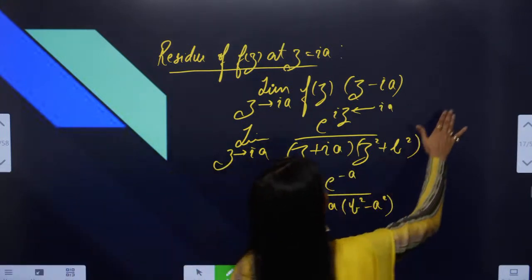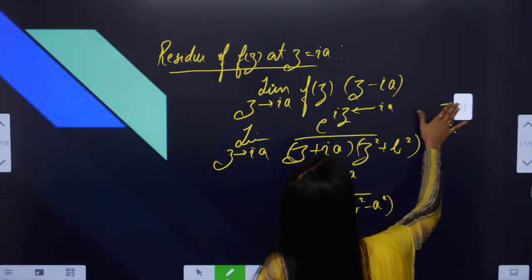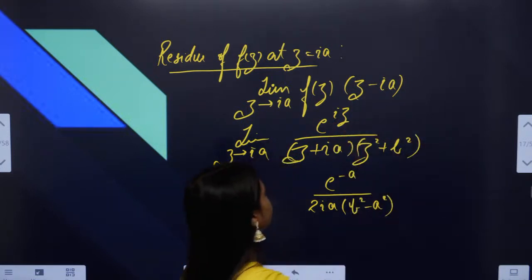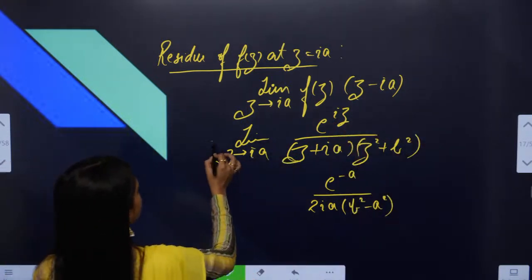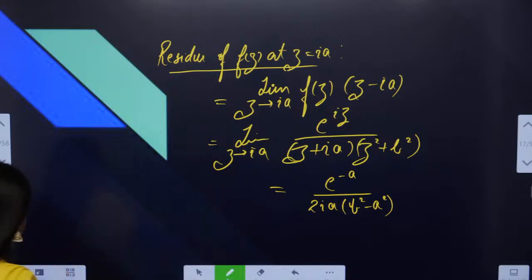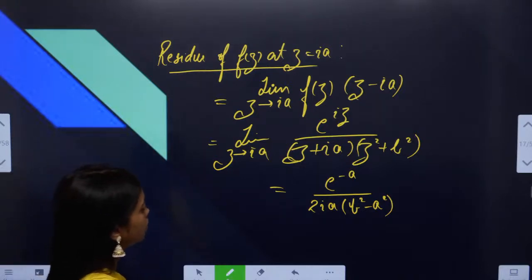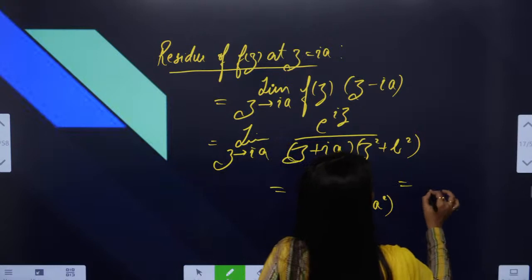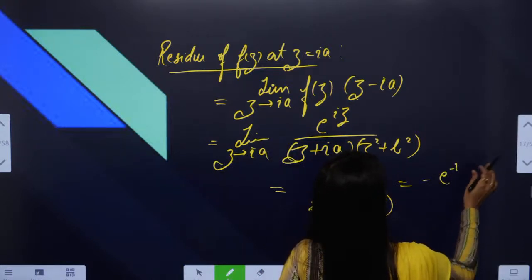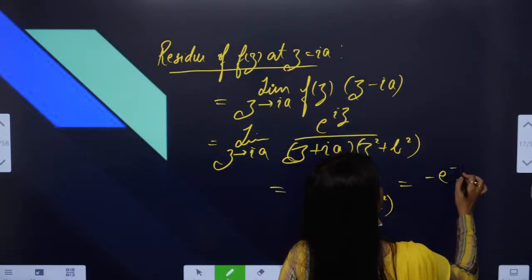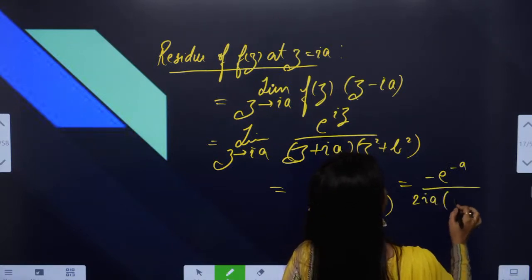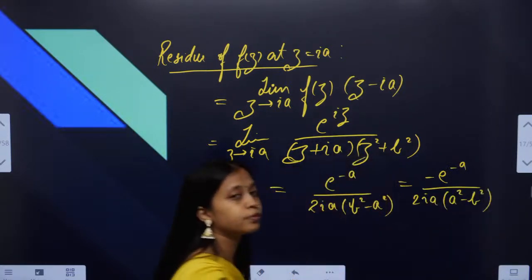So after applying the limit, this is the answer. This can be written as minus e raised to the power minus a upon 2 iota (a square minus b square).